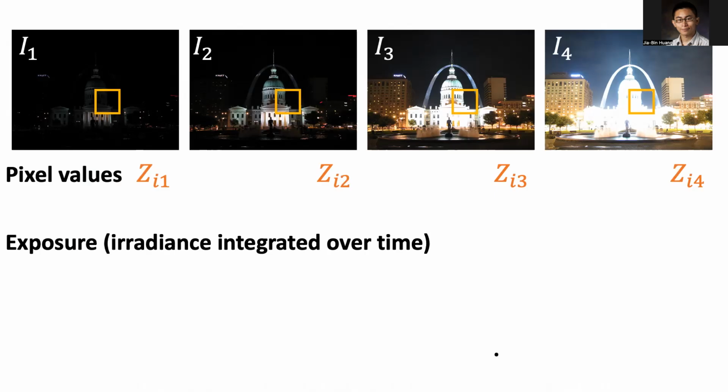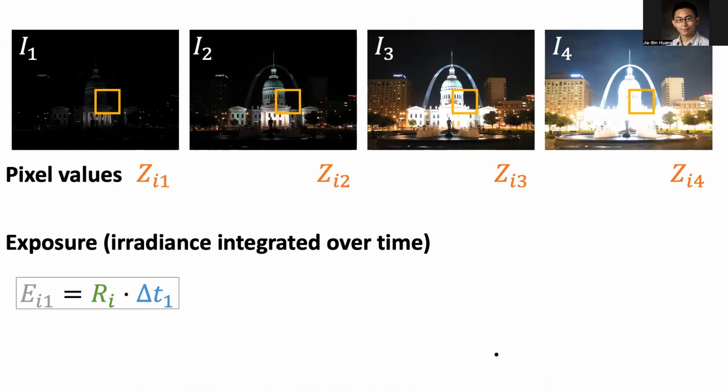So what you observe here is that your exposure, like the amount of light you receive from each image, is the radiance. That's the actual intensity from the scene, R_i, times the time duration.